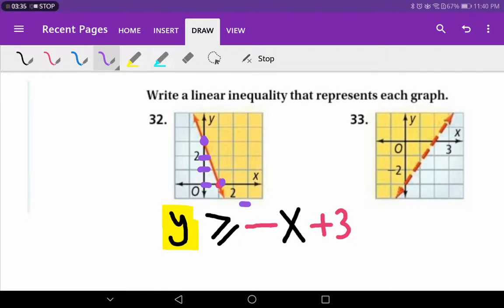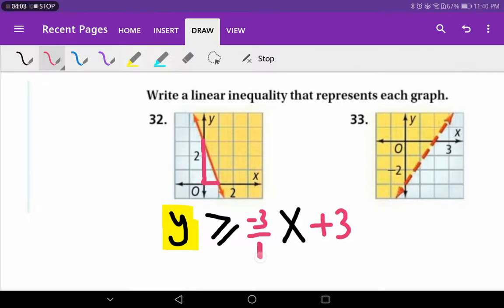How many steps do you move down? 3. And then you move to the right 1 step to reach here. So negative 3 over 1, it is negative 3. Yes, you know that.